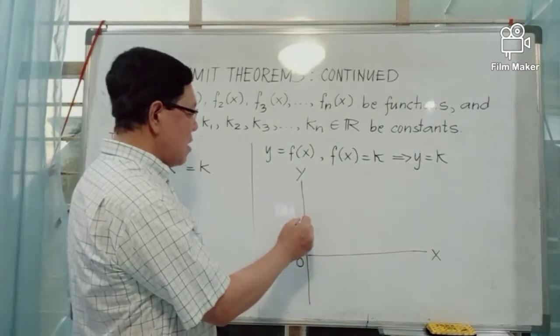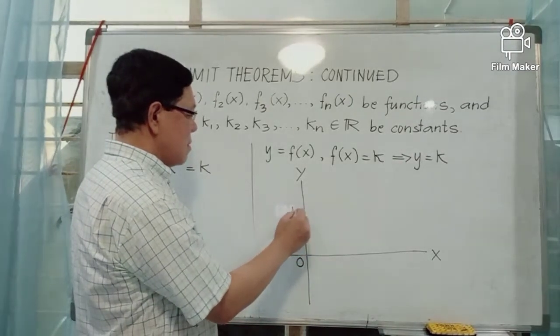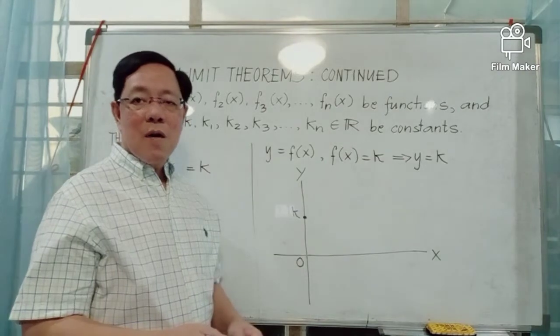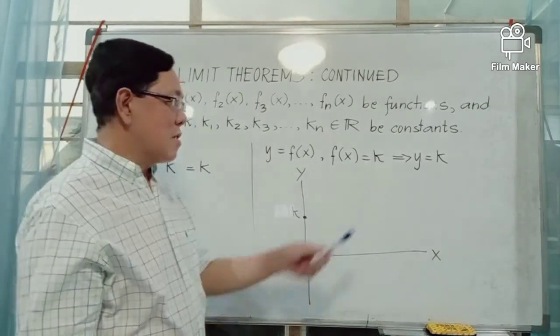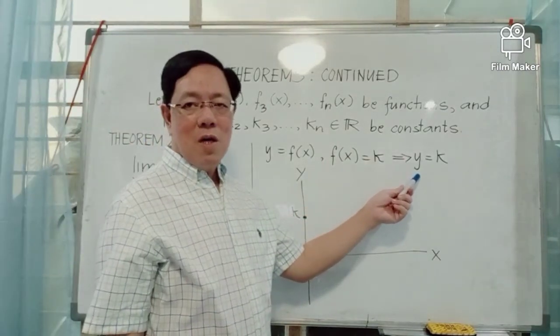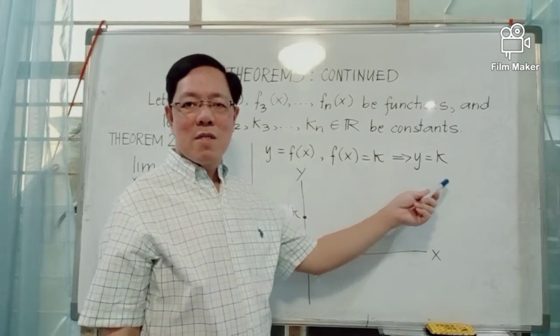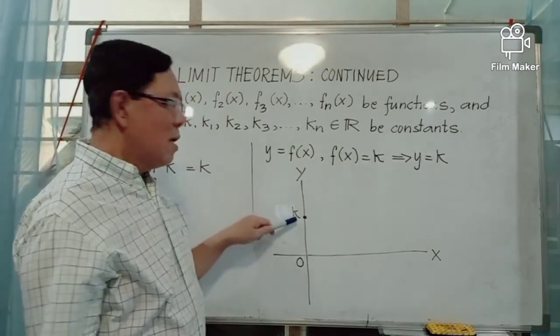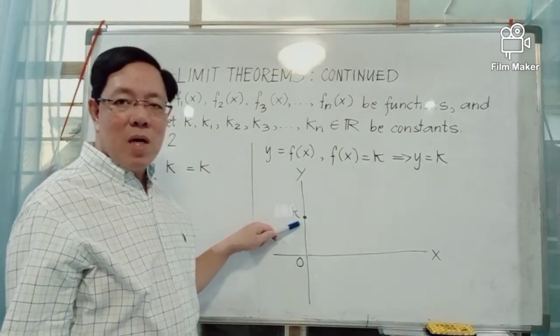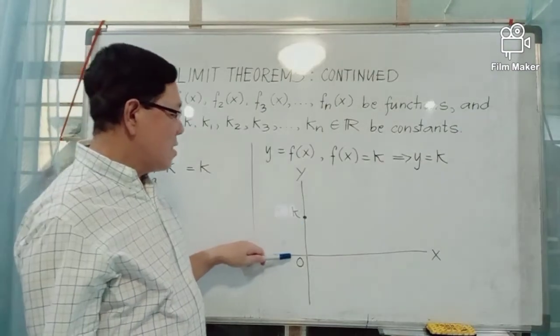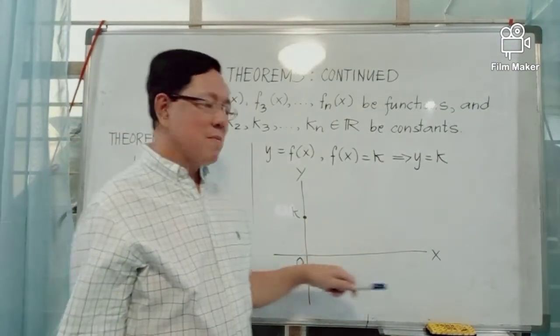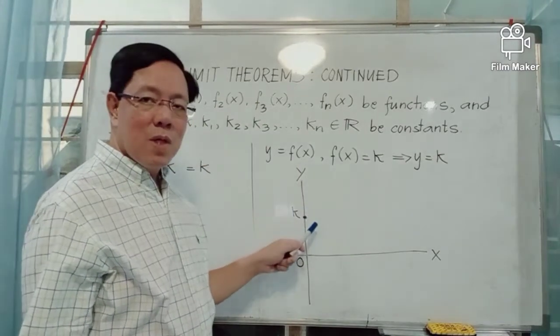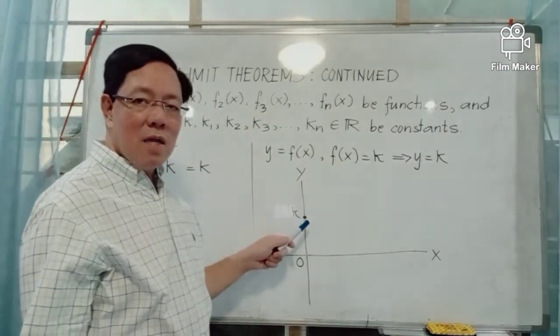Suppose this is k. The graph now of the constant function such as y equals k is a horizontal line that will pass through this point on the y-axis and is parallel with the x-axis and is perpendicular with the y-axis.